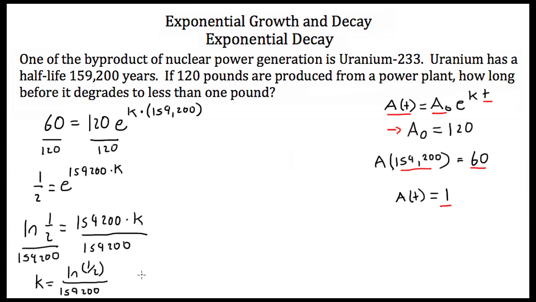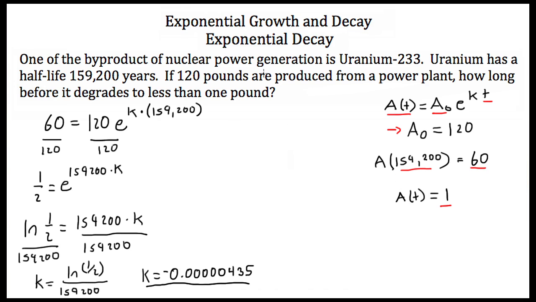If you plug this into a calculator, you're going to find k is a very small value. k is a negative 0.00000435.